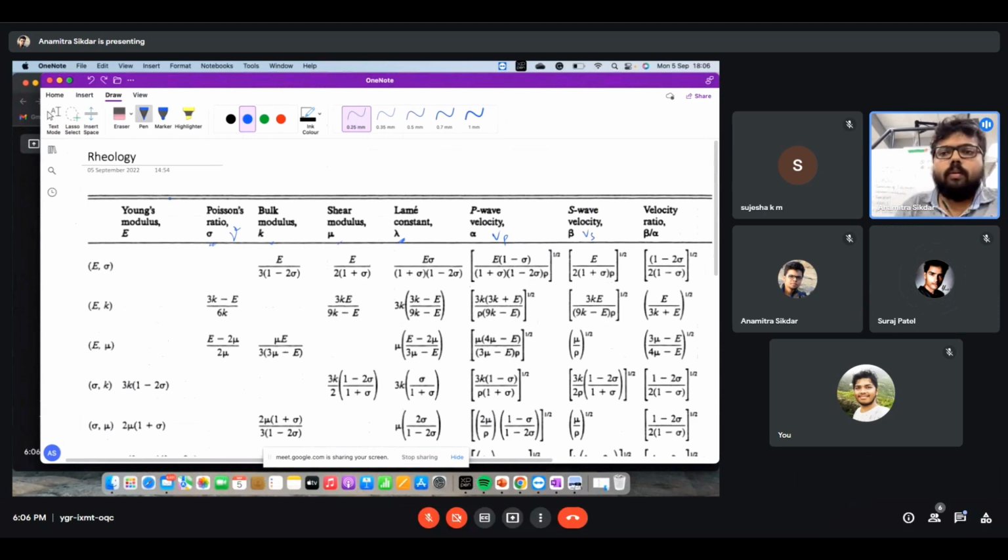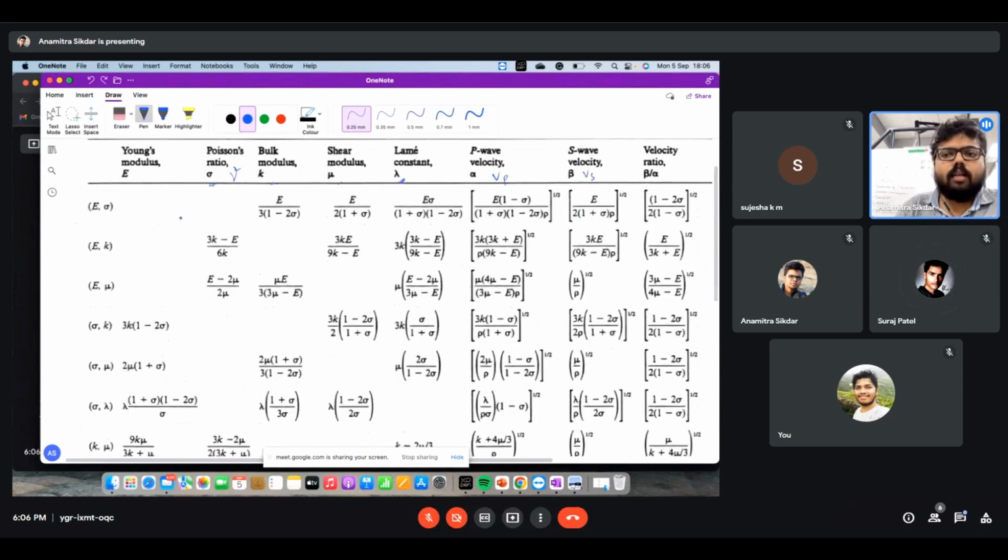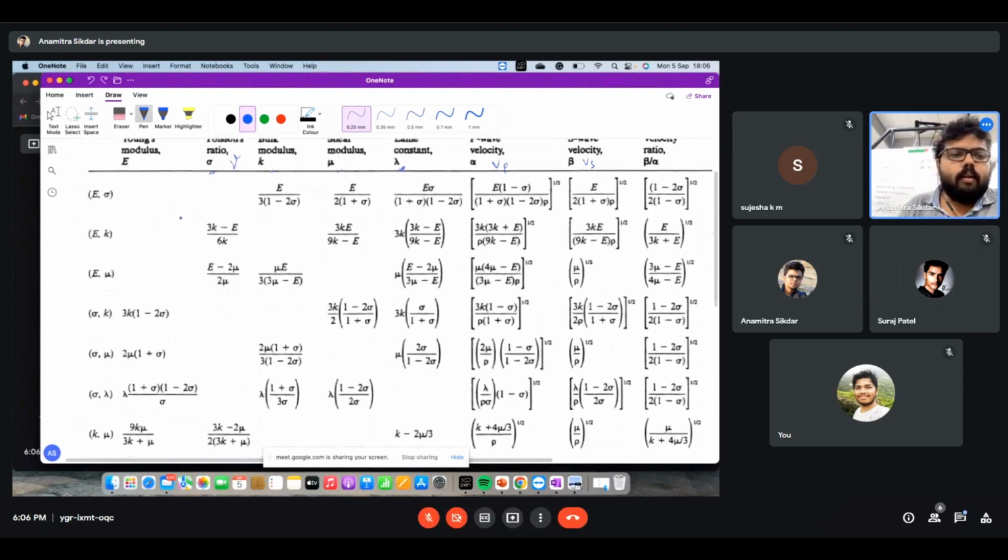Yeah. So one question that Suraj asked in the discussion forum is how come this Young's modulus E can be written like E is equal to 2 mu? It was written in the lecture notes, in the presentation the sir shared, right? So the thing is, this Poisson's ratio is applicable for 2D or 3D material, right?